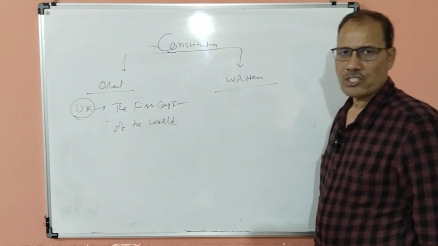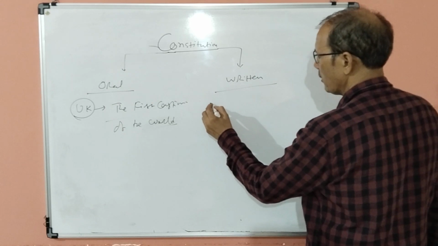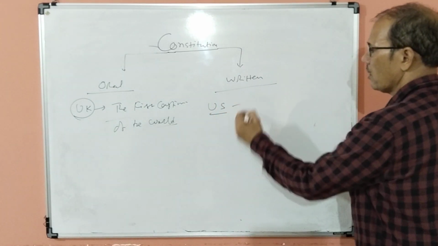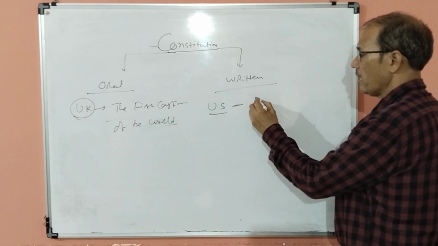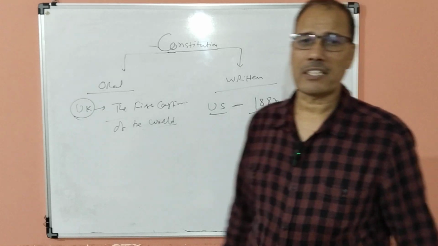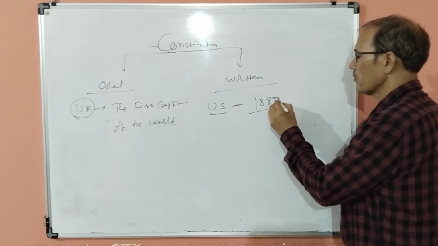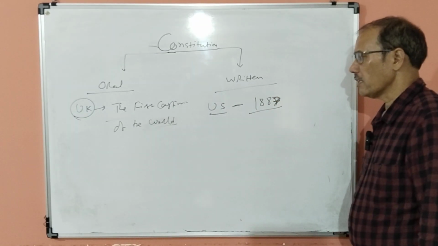Majorly found throughout the world is the written constitution concept, and the US, America, was the first to give a written constitution to the world. Thomas Jefferson was the framer of the Declaration of Freedom for the US.